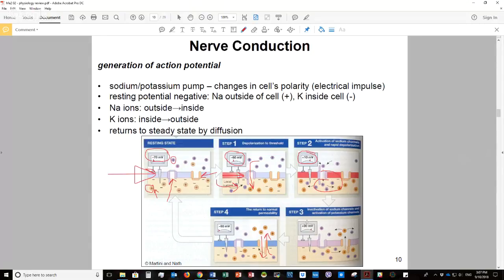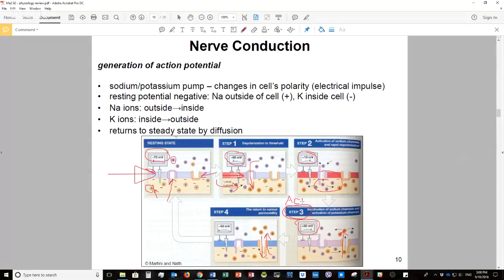Once we reach this depolarization of plus 30, so many have come in that now we're at plus 30, it triggers the potassium channels to open up, and the potassium ions leave. Some people say this is more at positive 40, but it's somewhere around there. Basically, once we reach this stage, we have reached what's called an action potential.